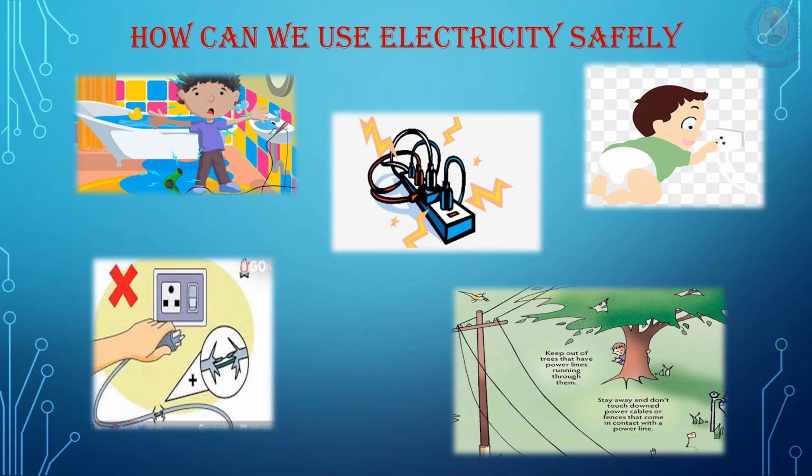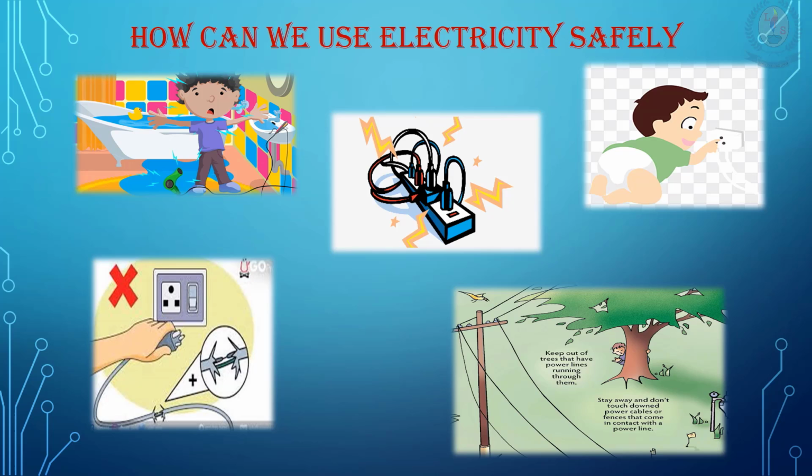There are some other things that you should not do when you are using electricity. Do not put electrical appliances or wires near a source of water. Do not try to repair any electrical equipment by yourself without help from an adult.